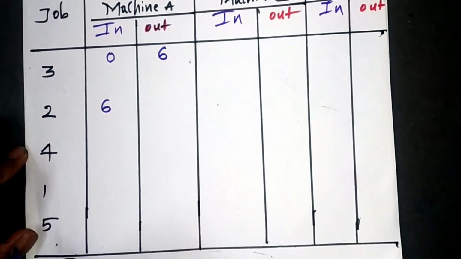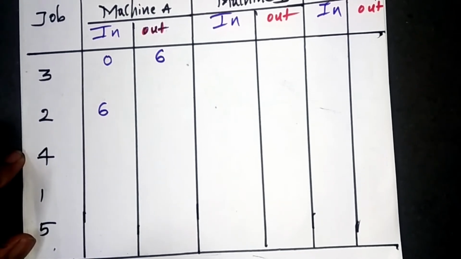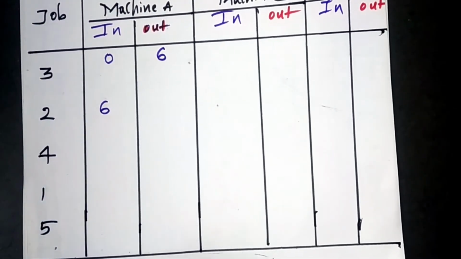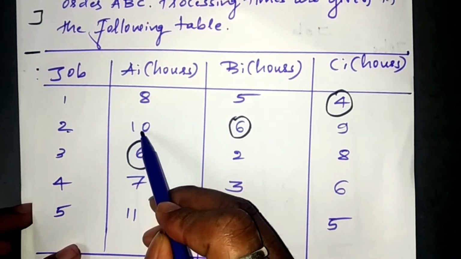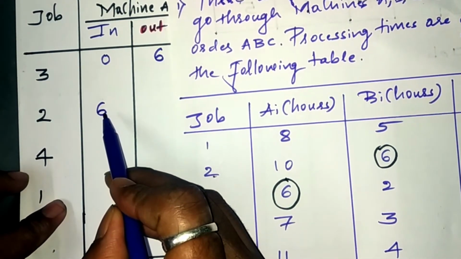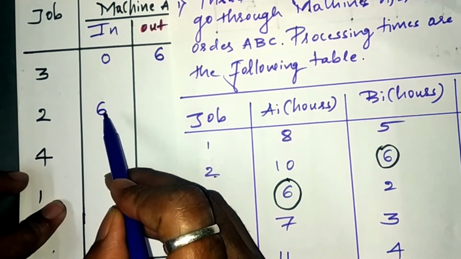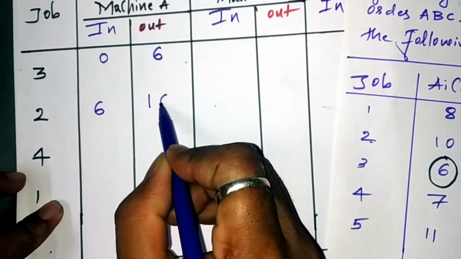Now we check the time required for job number 2 on machine A in the problem. Job number 2 on machine A requires 10 hours. It enters at 6 hours and we need 10 hours to process on machine A, so when it exits, the total time will be 16.